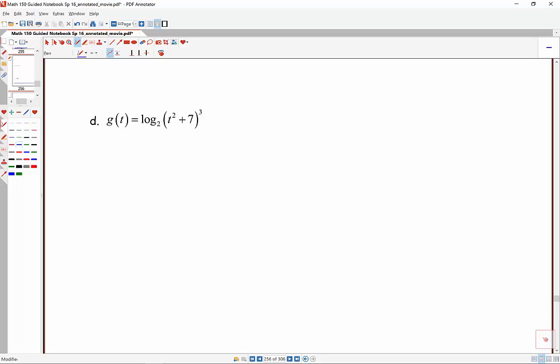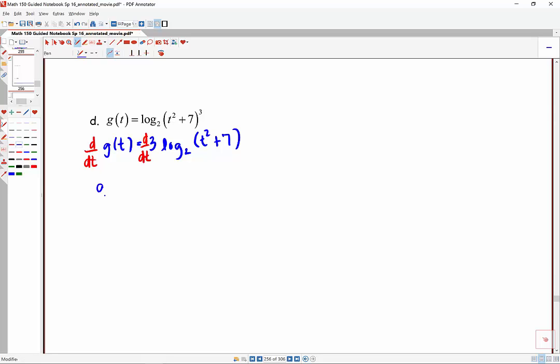So why don't we rewrite g of t as 3 times log base 2 of t squared plus 7. Good so far? Great.